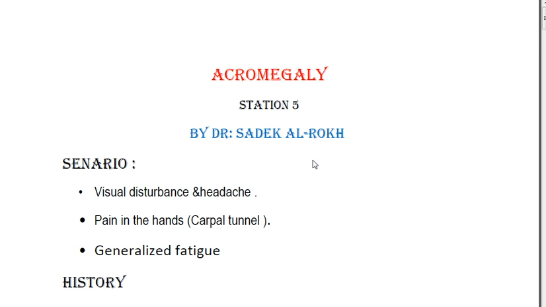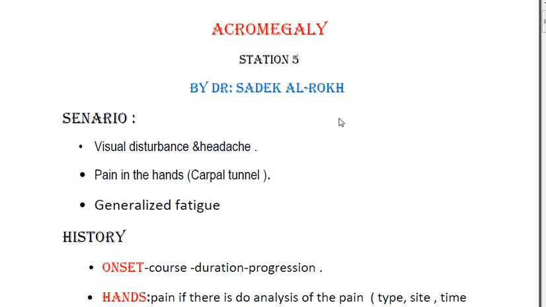So again, to our case, as we know Station 5 is 10 minutes: 8 minutes with the patient to take the history, do a focused examination and reply to the patient's concerns, and then 2 minutes with the examiner to ask about your clinical findings, your impression, diagnosis, and what workup you would do.